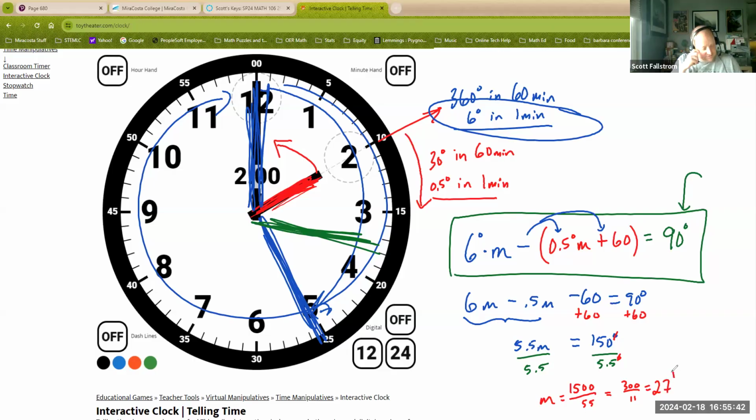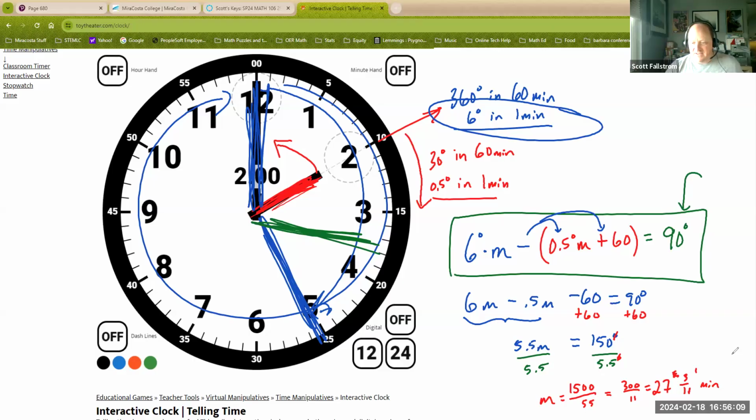We know this is like long division, so we could get a remainder at the end. So let's just go back and say 300 minus 11 times 27, and I end up with 3. So 3/11 minutes. So 27 and 3/11 minutes would be one way to look at it.